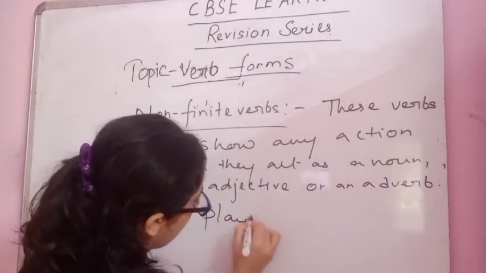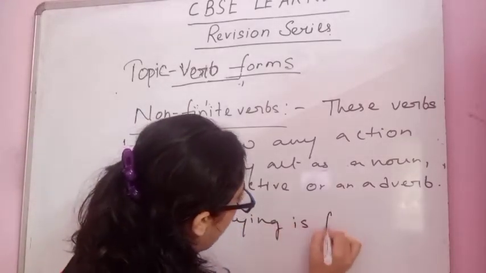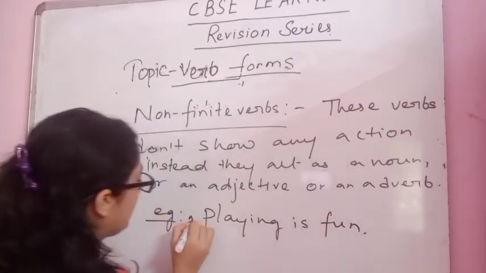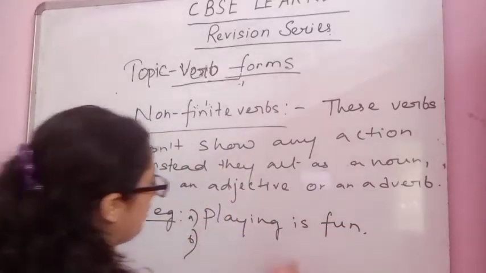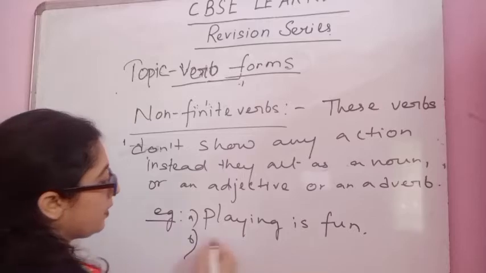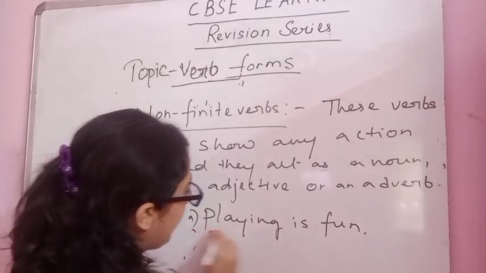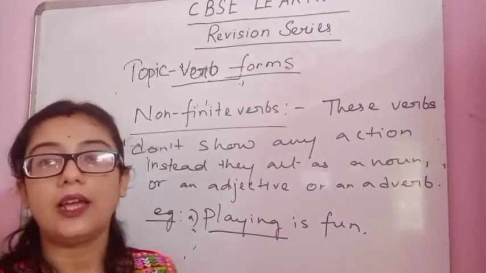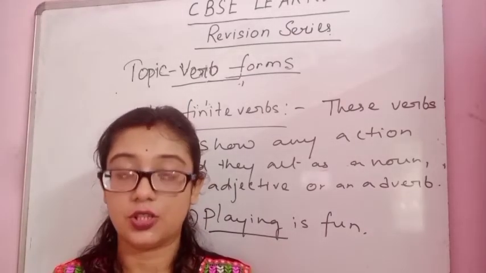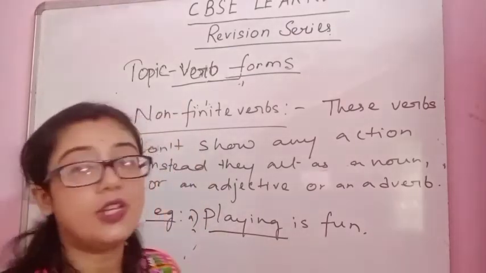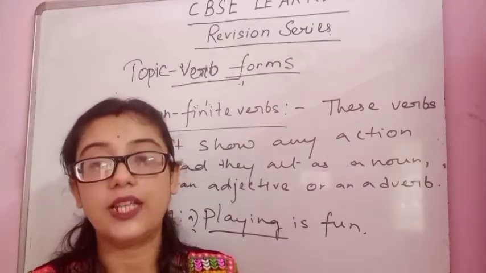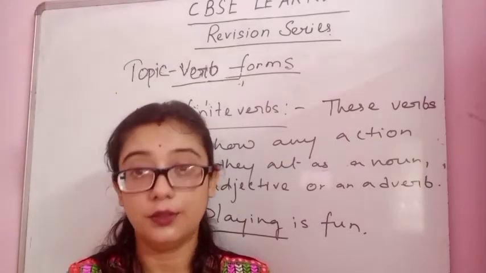For example, playing is fun. See this example: playing is fun. In this example, playing is actually an action, isn't it? But here we are using it as a noun instead of as a verb.